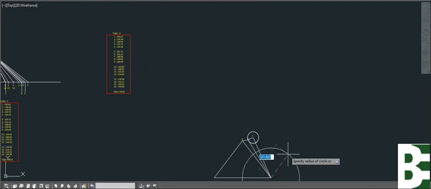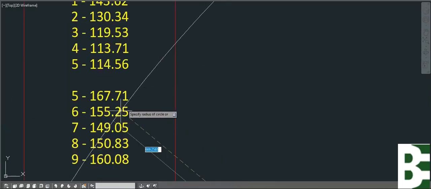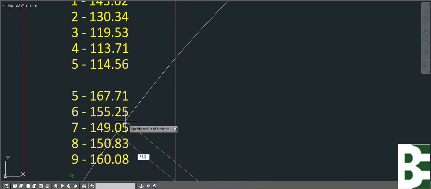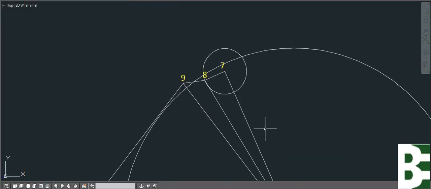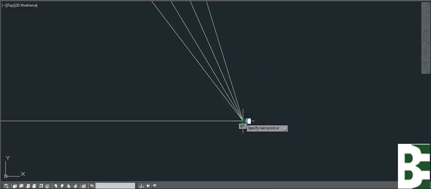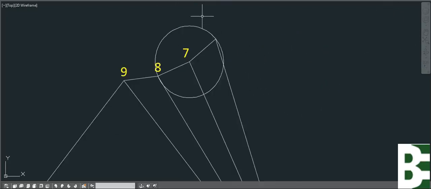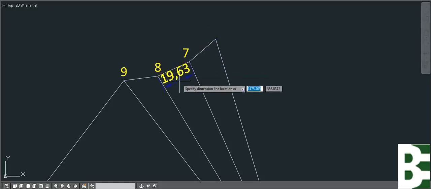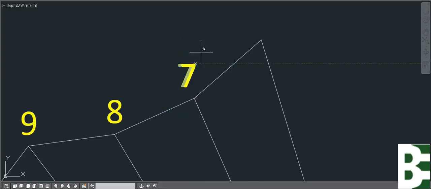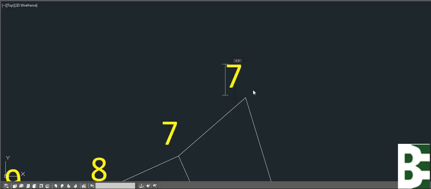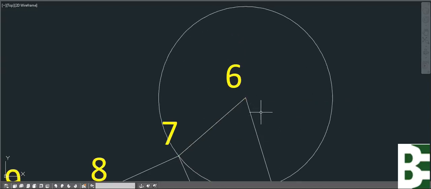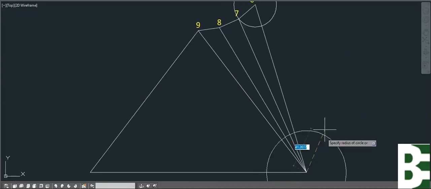Now number 6, we have 155.25. I will draw a radius, and where they are touching, I will draw the lines. Look, all the dimension, all the segments are equal, 19.63. This is number 6, and now number 5.